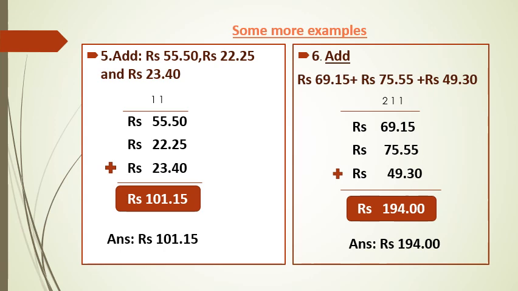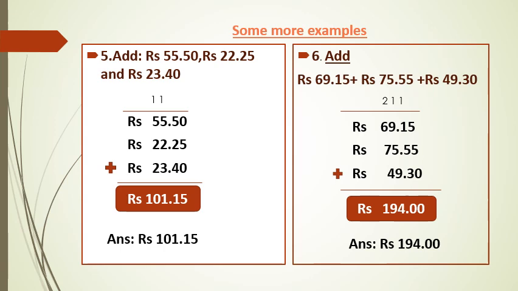And we are going to start addition from the right. So in the rightmost column, we are getting 0 plus 5 plus 0 means 5. In the next column, we are getting 5 plus 2 plus 4 is equal to 11. So we are going to write 1 over here and another one will carry to the next column.